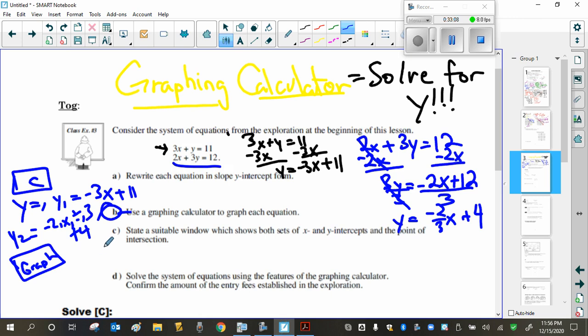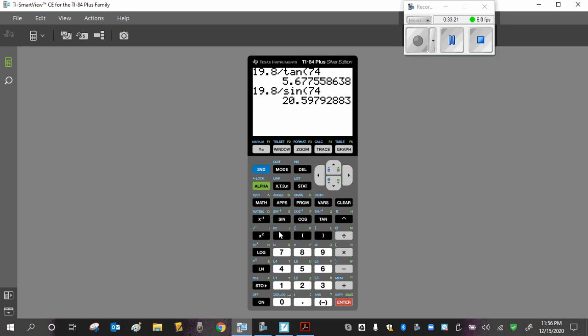So let's do that now then. Let's do this now, and then we will tell you how to solve it using the calculator. Okay, so there's my calc. Press y equals, clear anything that's in it. And I don't have my work shown, so I'm going to have to do it in my head.